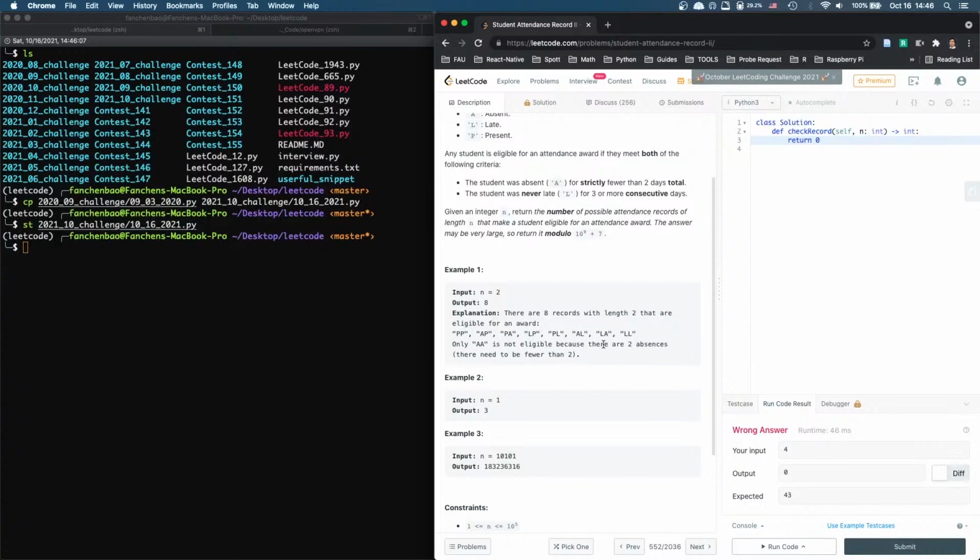And then no A but L, so we're looking for these. No A but L, so we have PPP. No A but L, so I have PLP, PPL, right? And then PLL. That gives us 4.